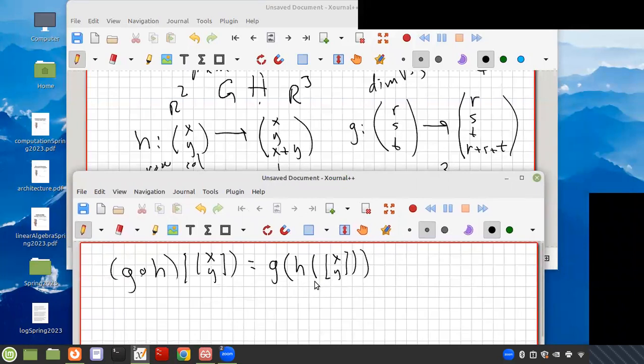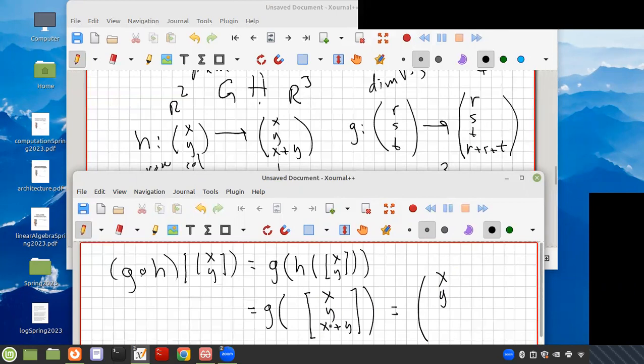Well, what's the image of X, Y? Well, that is G of, and the image is the 3 vector X, Y, X plus Y, right? Then I can apply this one where R is X, S is Y, and T is X plus Y. So this is going to be the 4-dimensional one, X, Y, and what's T?